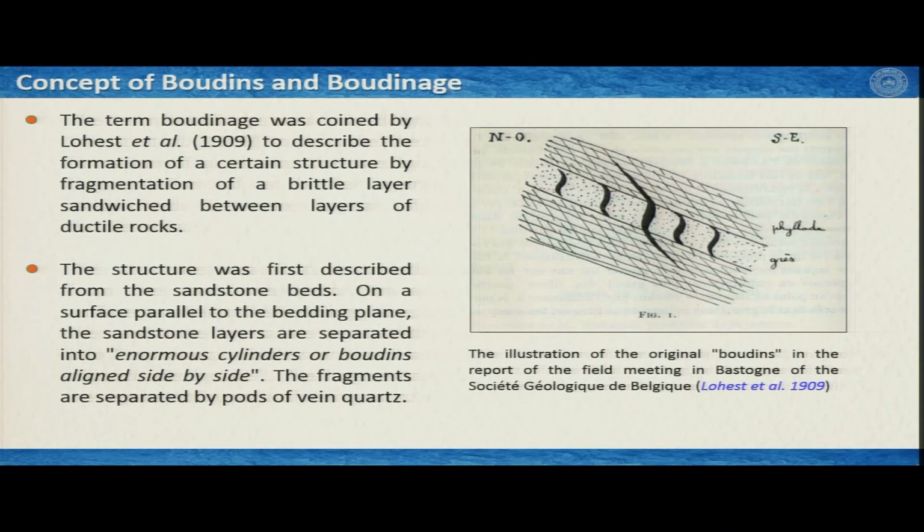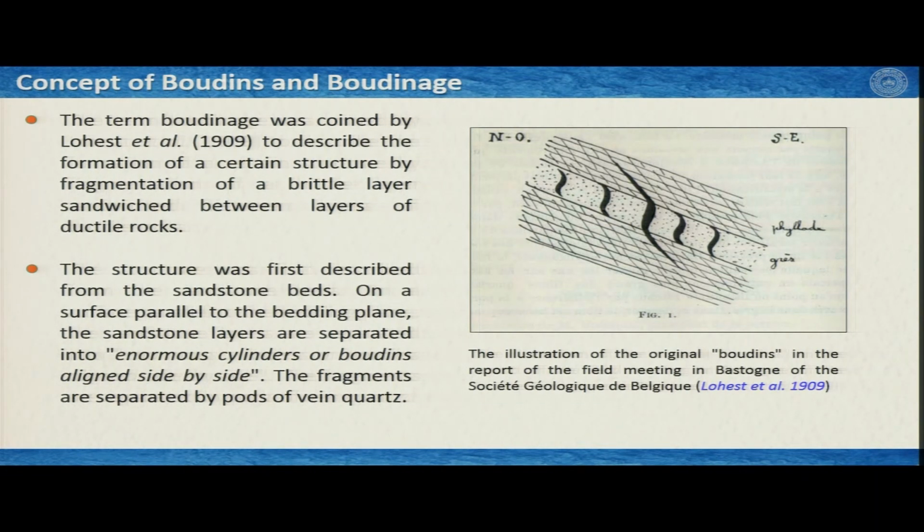And interestingly, in transverse section the fragments are barrel shaped. If you look from the top surface, it appears like long enormous cylinders, but on the transverse section the fragments are barrel shaped and are aligned in a row. The individual fragments are called Boudins, and the process itself is called Boudinage.